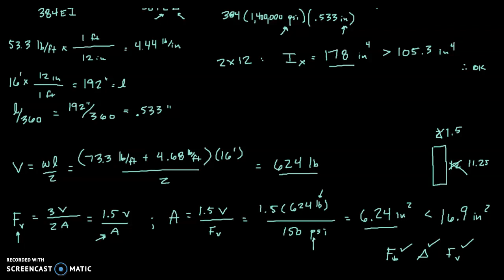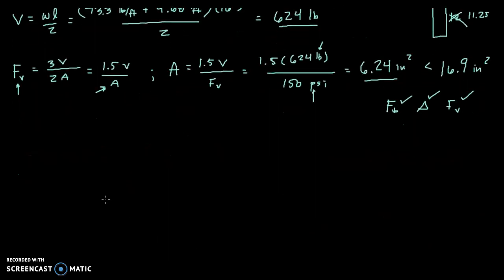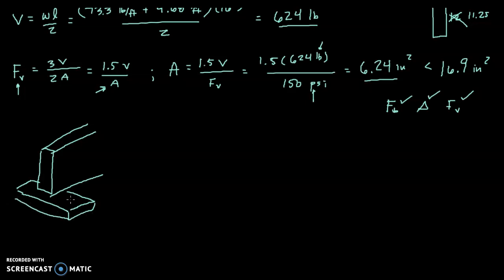With timber construction, though, there's one last thing that can be checked, and that is the bearing stress. So at the end of the truss, it's going to be resting on top of something. Maybe it's resting on top of a plate, another piece of lumber laying on its side, or maybe it's resting on a steel girder or something like that. At any rate, there is an area here.